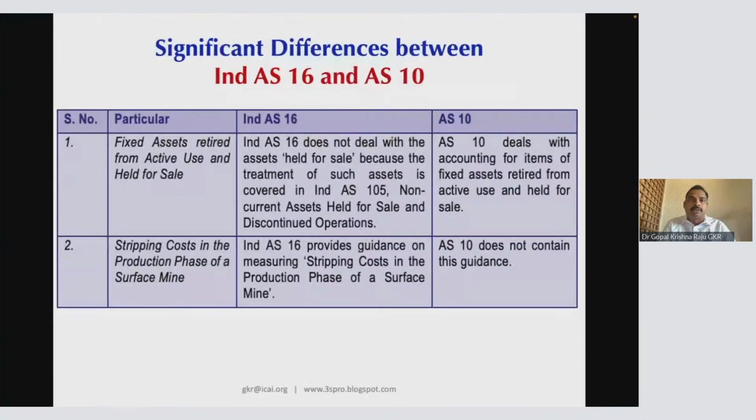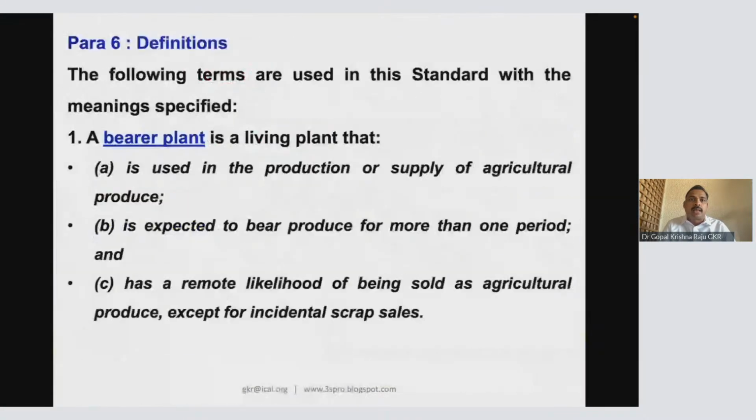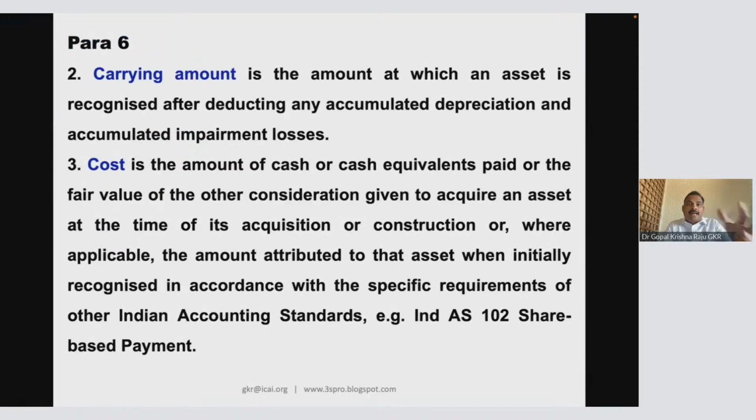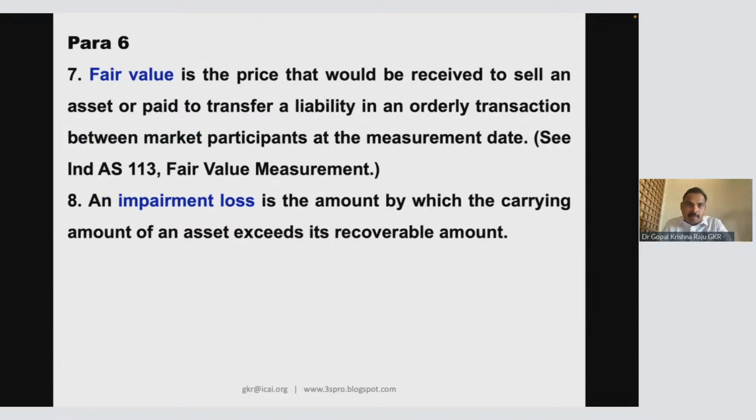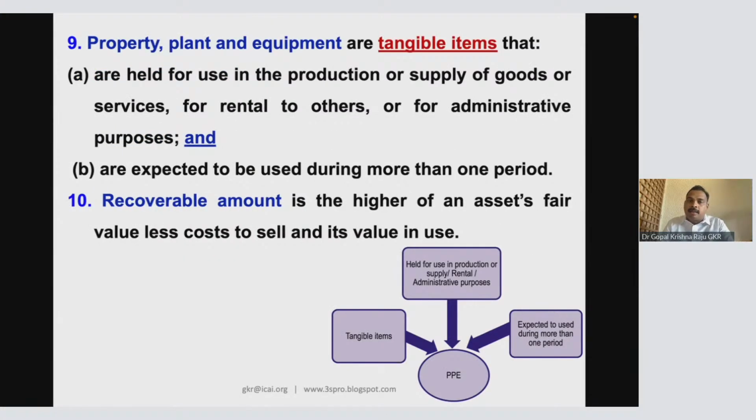The same definition we discussed in Ind AS 41, the bearer plant, is also defined here. Why? Because a bearer plant is property, plant and equipment. Then carrying amount, cost, depreciable amount, depreciation, entity specific value, fair value, impairment loss, and the 9th definition is property, plant and equipment.